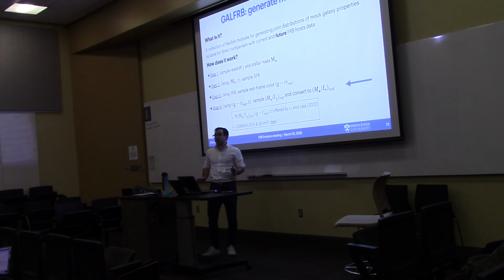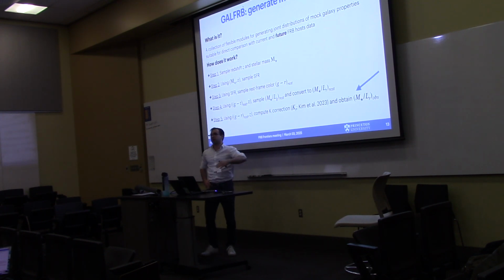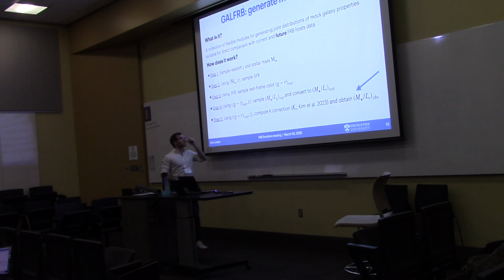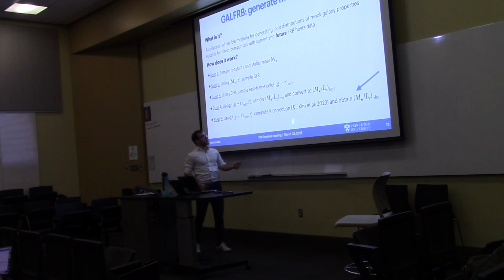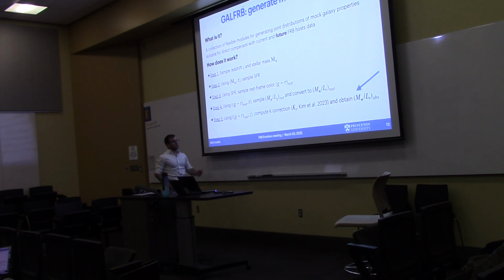And the story doesn't stop there. You need to transform from the rest frame to the observer's frame, so at redshift 0. How can you do that? You can apply a K-correction model. Here we use the model offered by Kim et al. It tells you that if you know the color of the galaxy in the rest frame and you know the redshift, then you can transform the mass-to-light ratio from the rest frame to the observer's frame.